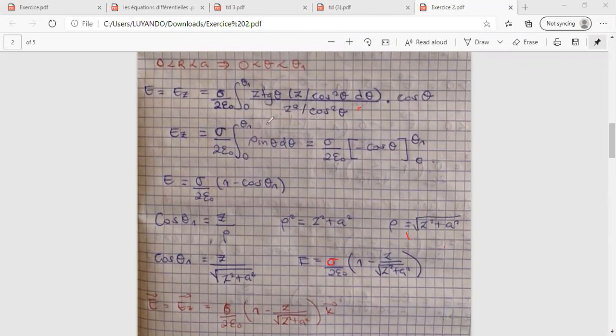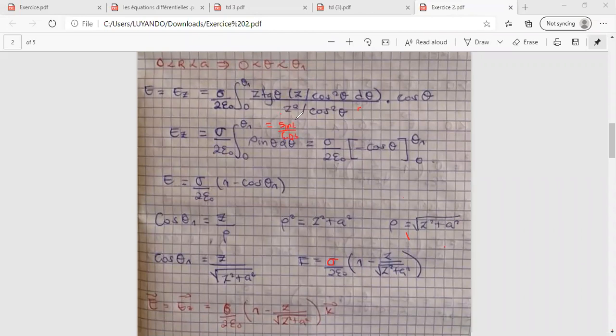So we're going to have tan theta. We know that tan theta is sine theta over cos theta.